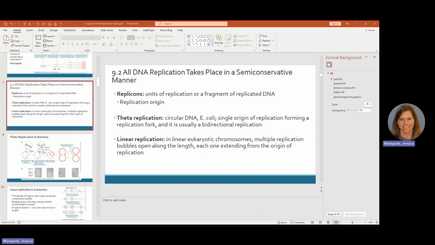So you can actually always figure out which one is going to be leading and lagging. So no matter which strand is on top, you can always figure out which quadrant you're in and which one is going to be leading or lagging. So again, that leading one is going to be built towards the replication fork. The lagging strand is going to be the one in fragments.